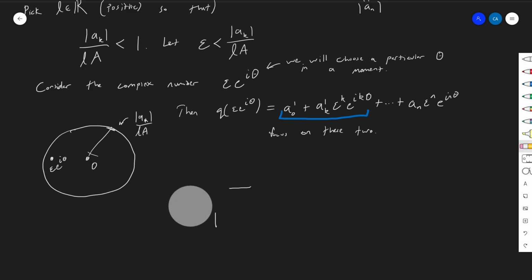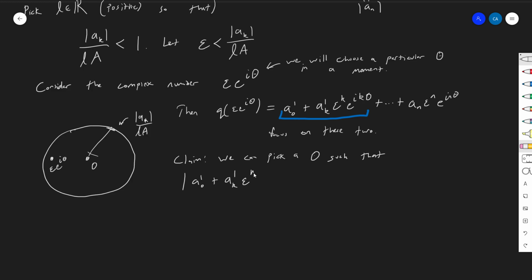Claim: we can pick a theta such that the absolute value of these first two terms, a0 prime plus a sub k prime epsilon to the k e to the i k theta, is less than or equal to the difference between the absolute value of a sub 0 prime and a sub k prime epsilon to the k.